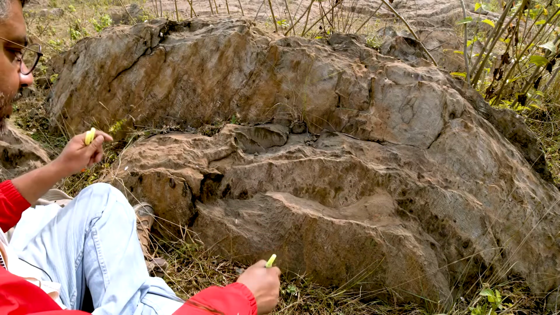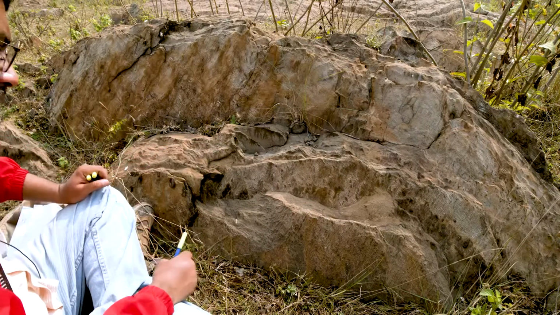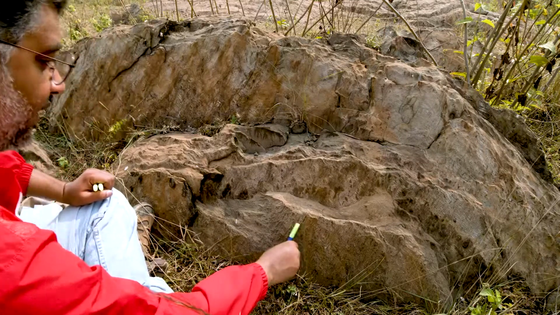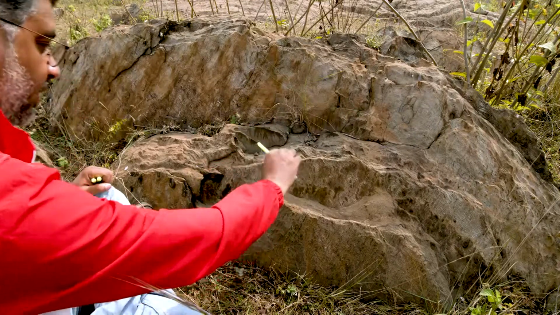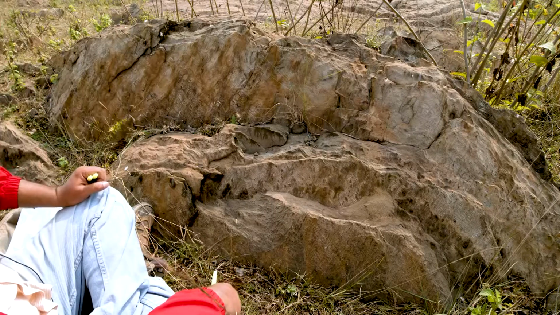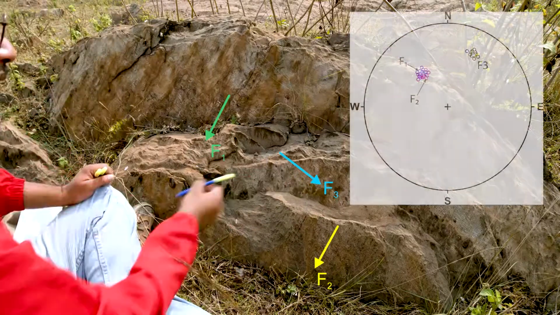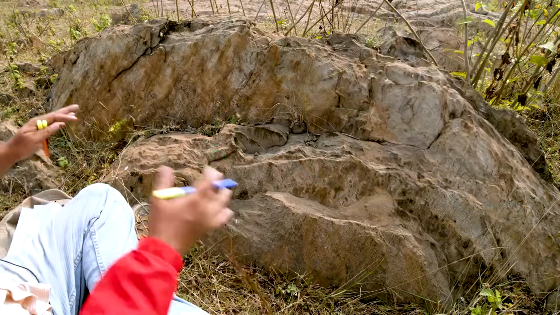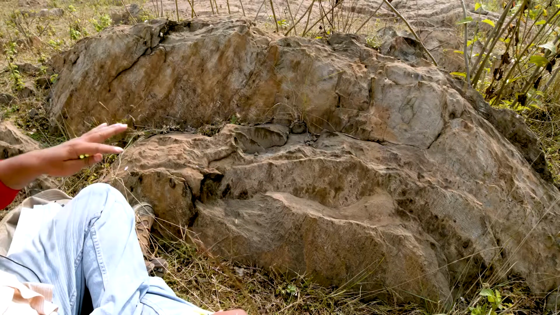And in this region particularly, we have measured all these orientations, the general trend of S0 wherever we found dip and strike, S1 we measured dip and strike, S2 wherever we found we measured dip and strike, S3 wherever we saw we measured dip and strike, and at the same time we also measured the fold axis of F1, F2 and F3, and we plotted them regionally, and we will show you later how they are related in this entire region, not only in Harindunguri village, but also in the entire Ghatshila region.